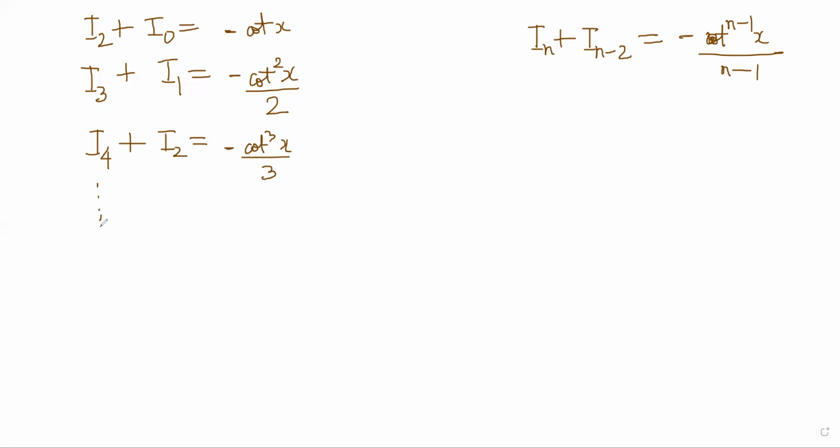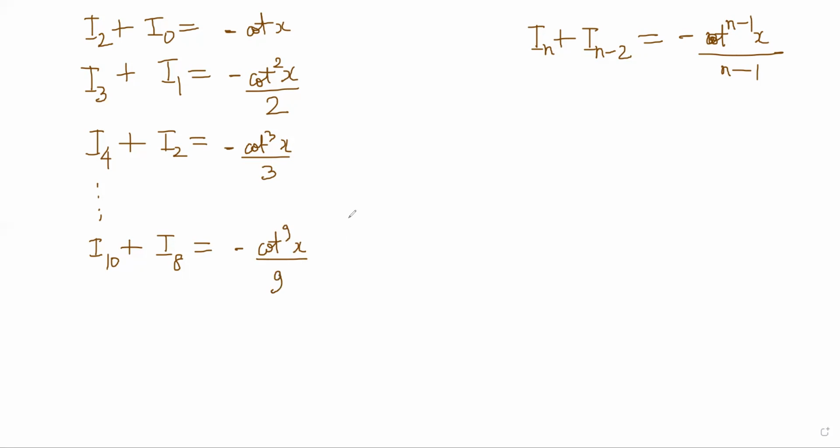You will even get I10 plus I8, right? I10 plus I8 will be equal to, when you put n equal to 10, minus cot power 9 x by 9, right?